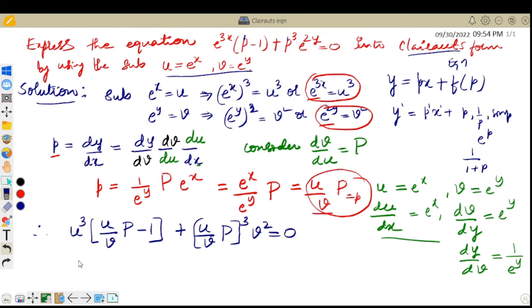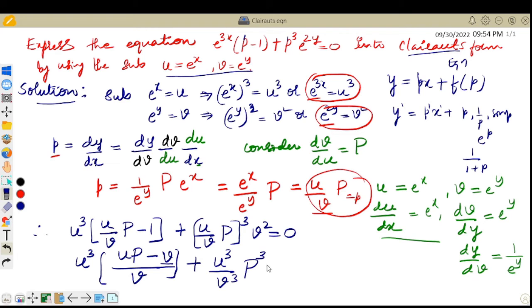Okay, so this is u cube, keep it as it is. The LCM is v, so this is u into capital P minus v, plus this is u cube divided by v cube into capital P cube into v square equal to 0.